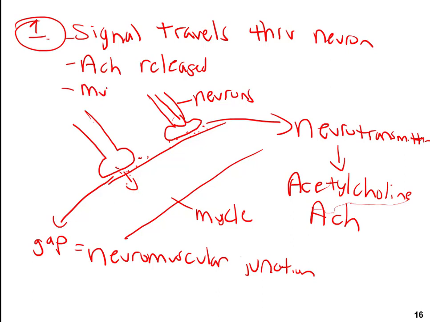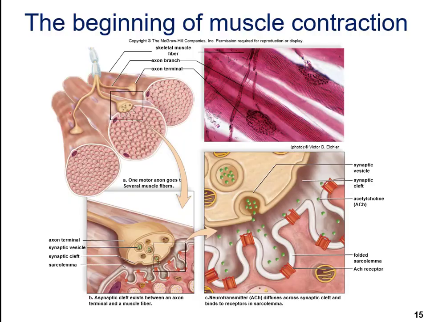So the muscle cell is now signaled to move. Here's a picture from the PowerPoint. You can see the neuron here. There's a lot of neurons attached to your muscle. Acetylcholine, this little green stuff, gets secreted, and it's going to bind at the acetylcholine receptor in your muscle. And that's the first step. Your muscle now has received that signal.